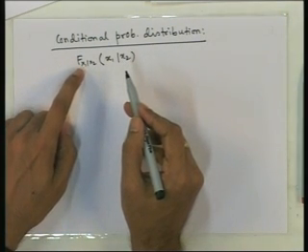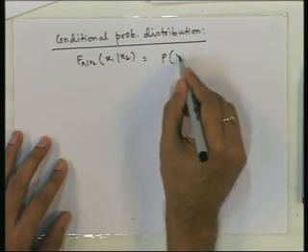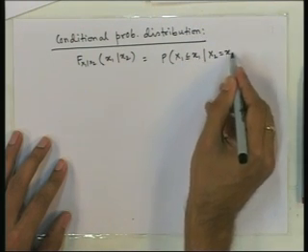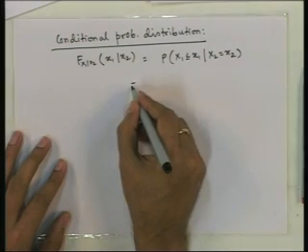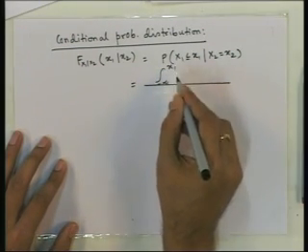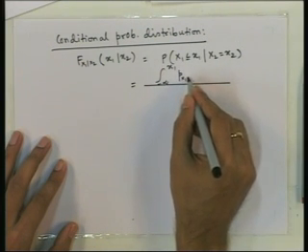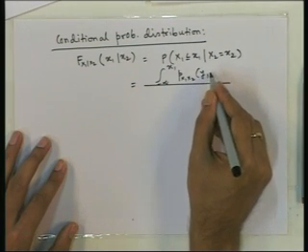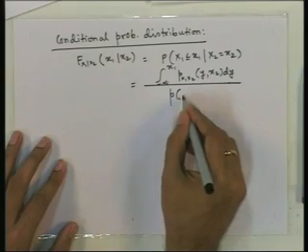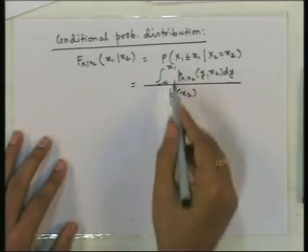The conditional cumulative distribution function of x1 is defined to be the probability of x1 less than small x1 given that x2 is small x2. This can be shown to be the integral from minus infinity to x1 of the joint density function, divided by the marginal density. One can show that this is the same as this.